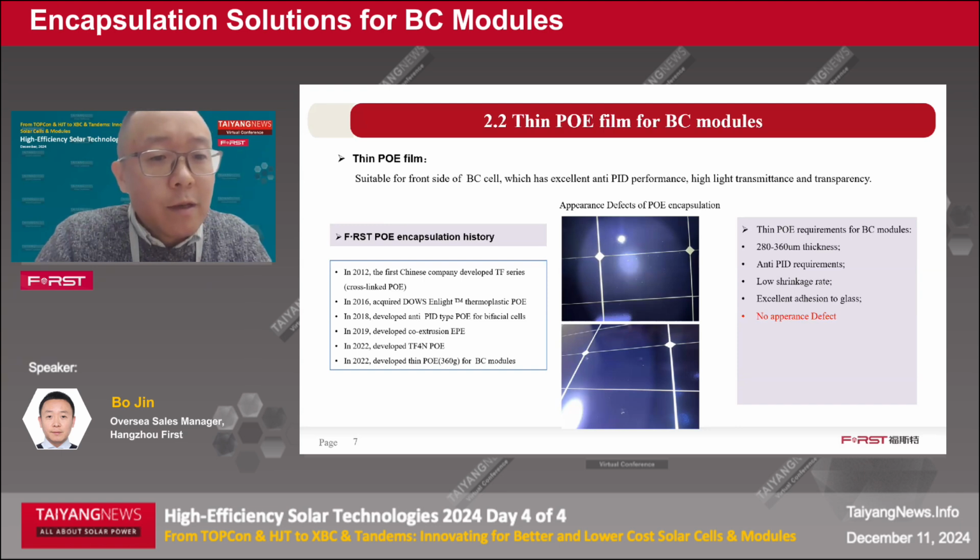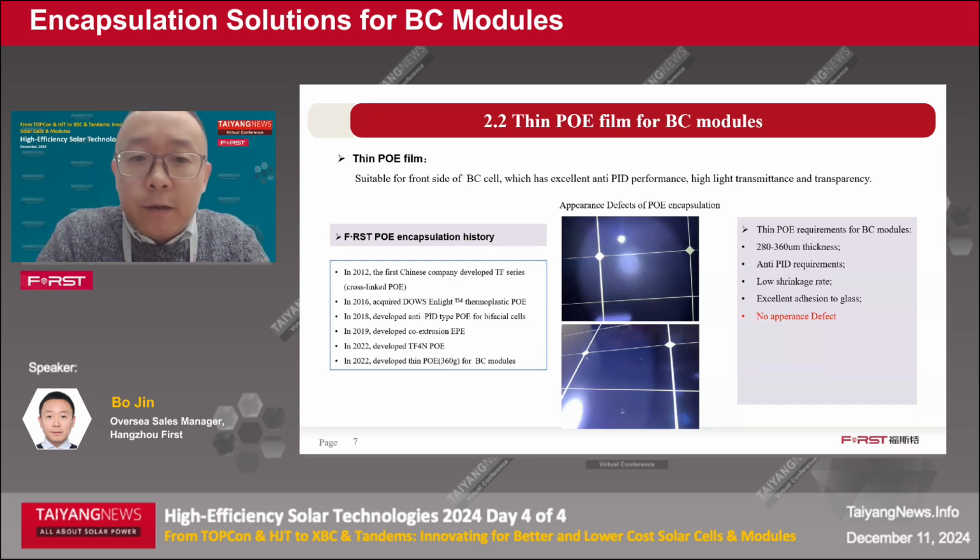And from 2018 to 2022, based on different types of new cell technology, we always developed suitable POE films, especially like the one in 2019, we developed co-extrusion film, EVA plus POE and also plus EVA, 3-layer material. So we categorize this into POE material because the POE layer in the middle brings the specialty for this material.